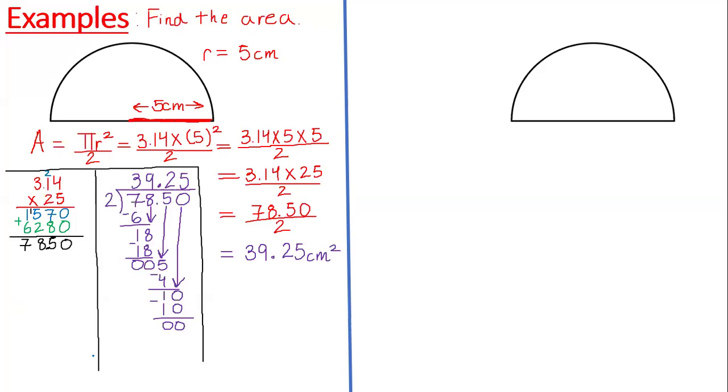So if they are ready, the rule here is that if you are given the radius already, you don't have to divide by 2 to get it. All right.